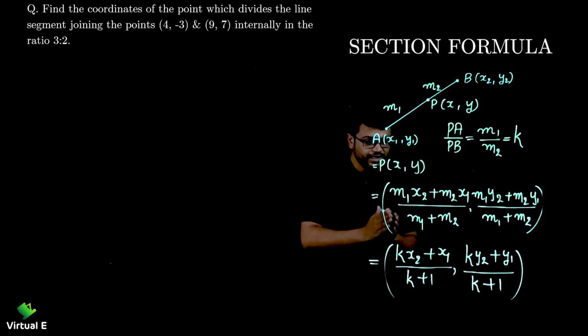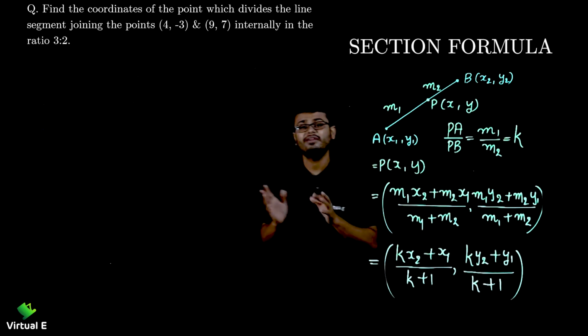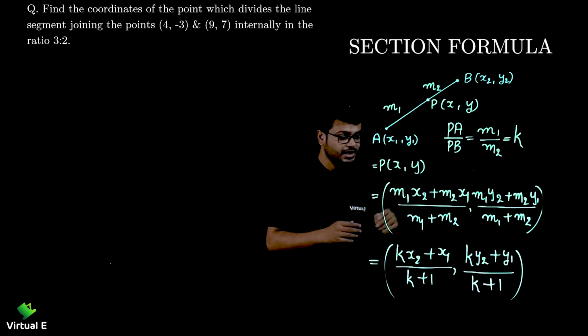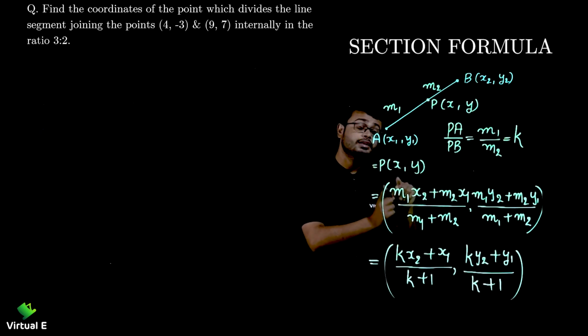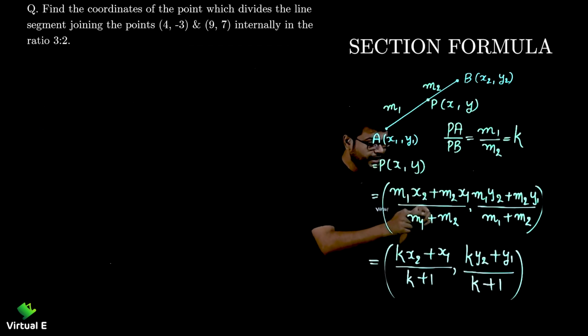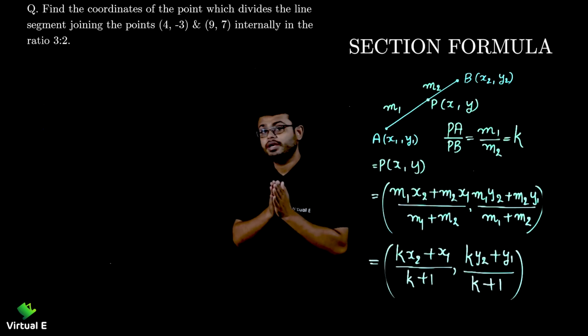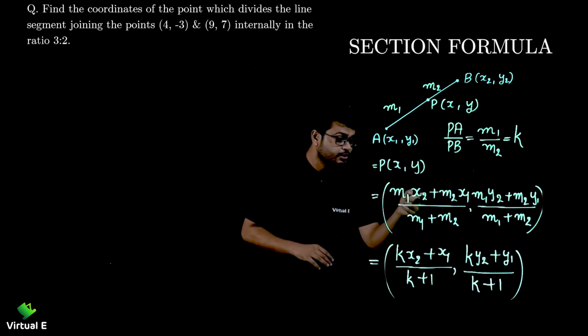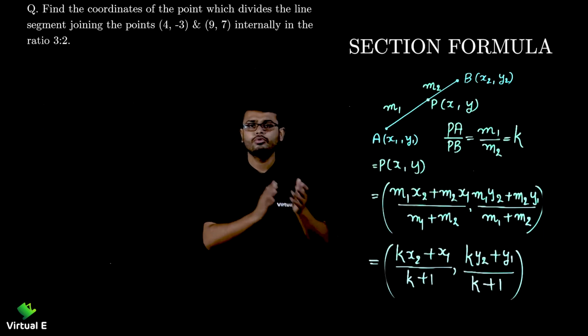The formula is (m1 x2 + m2 x1) divided by (m1 + m2). Remember it like this: if you are taking 1 in m, take 2 in the coordinate; if you are taking 2 in m, take the opposite, which is 1, in the coordinate. You need to take alternately: 1, 2, 2, 1. Done.